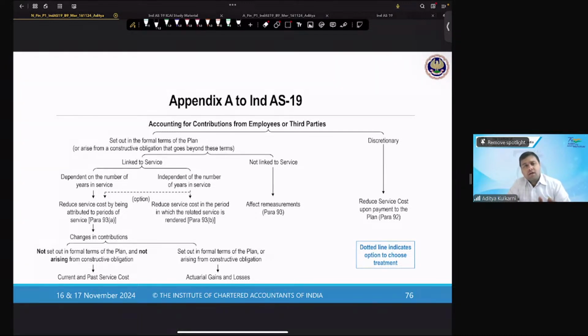Typically, when there is a sabbatical leave provision, you have to take that into consideration. Employees will be taking it, so there will be some realistic estimates and probabilities worked out.